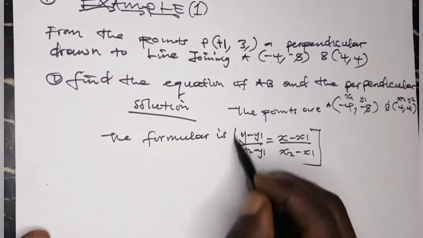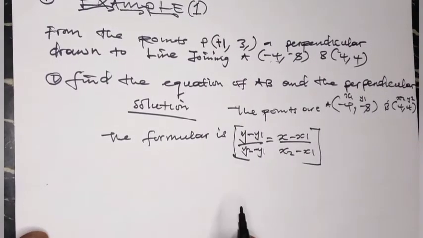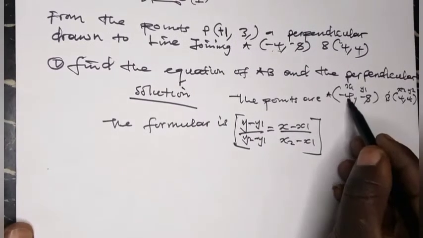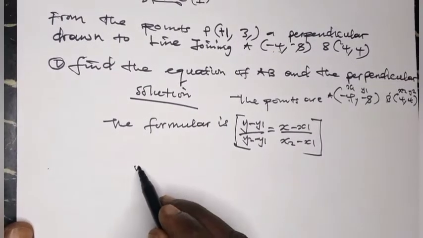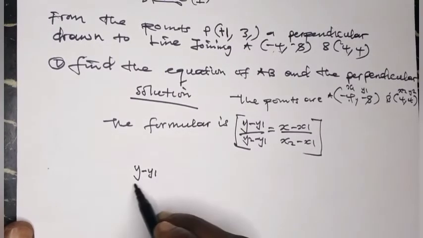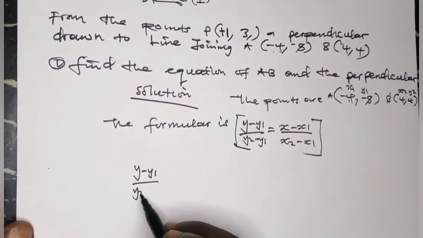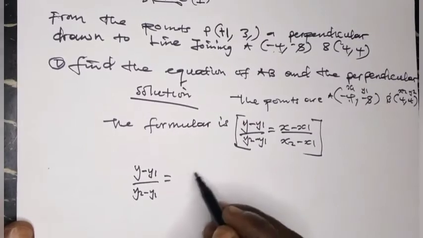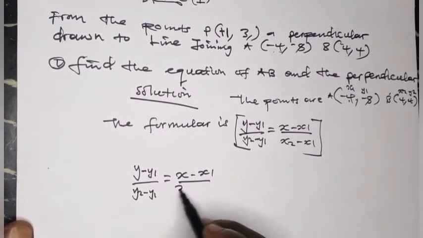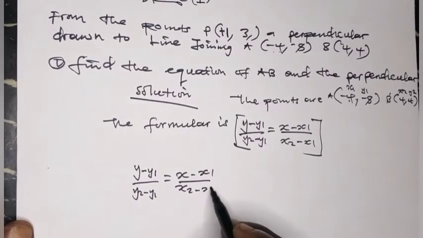So this is a general formula for finding the equation of a straight line. So let's substitute now: (y minus y1) over (y2 minus y1) equals (x minus x1) over (x2 minus x1).